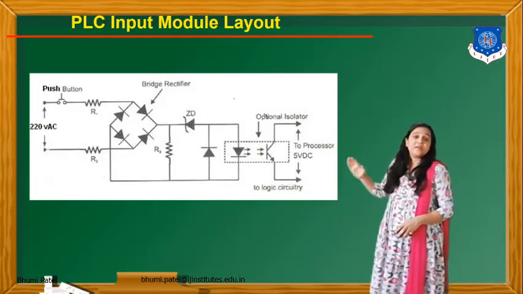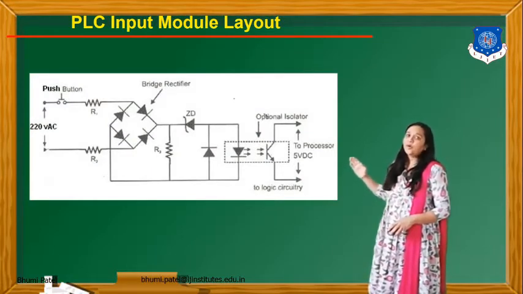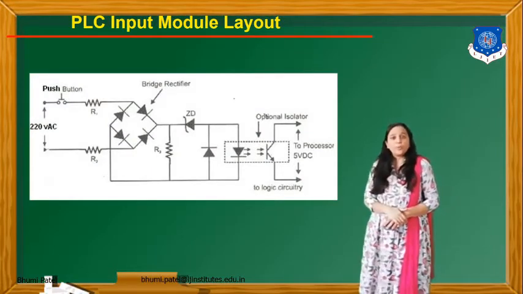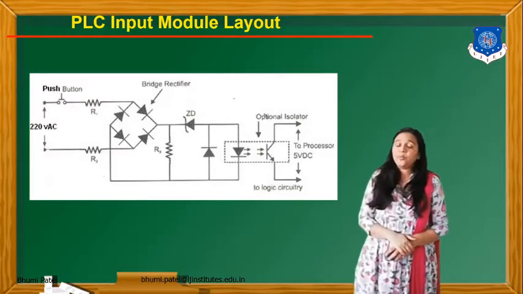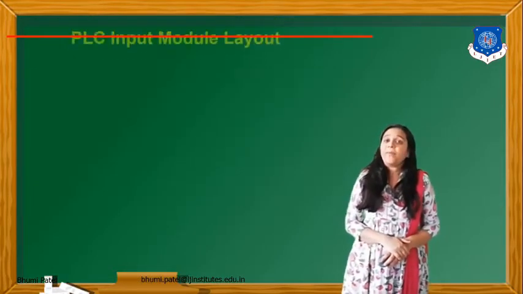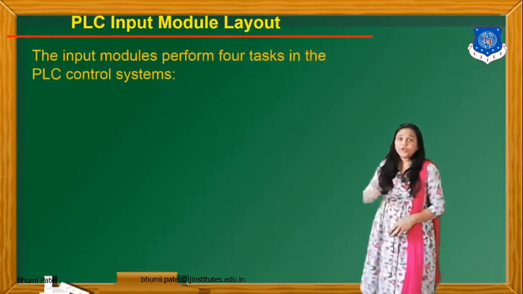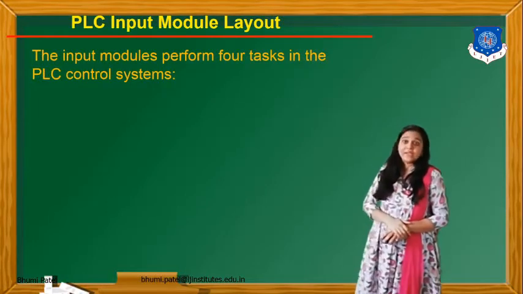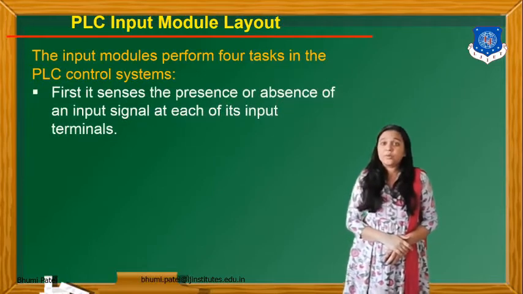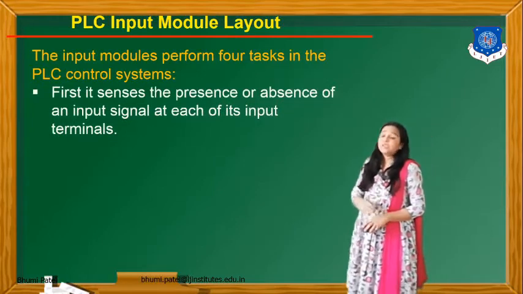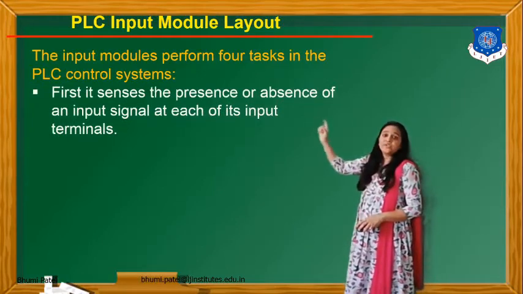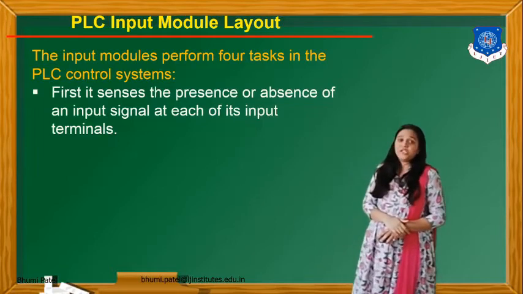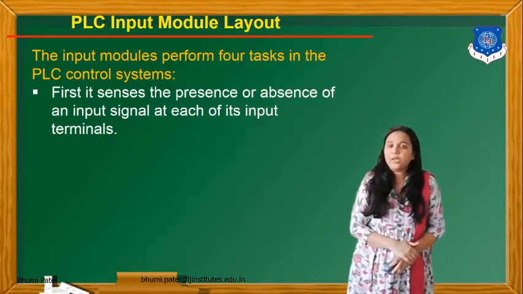Now we look at a generally used PLC input layout. This is the basic diagram of the PLC input module. The input modules perform four tasks in the PLC control system. First, it senses the presence or absence of the input signal at each of its input terminals.